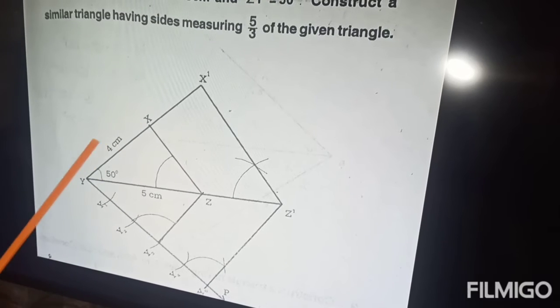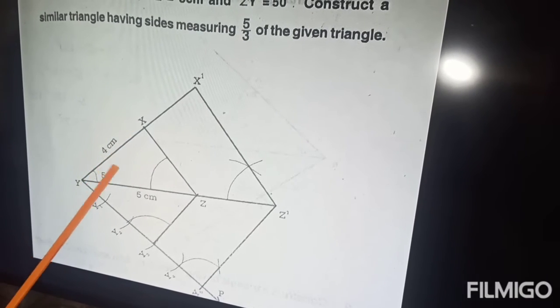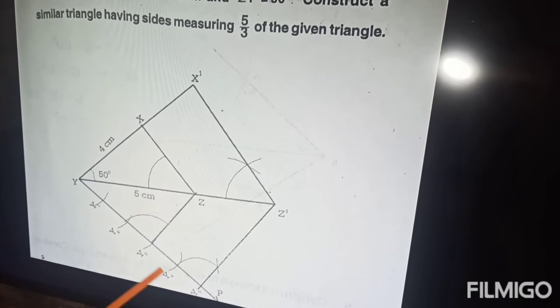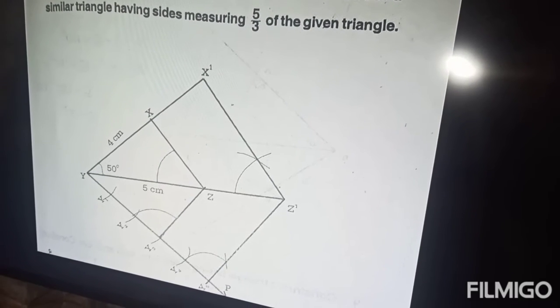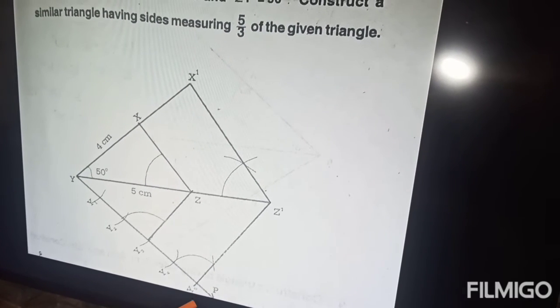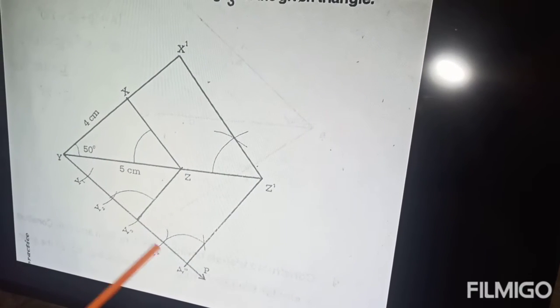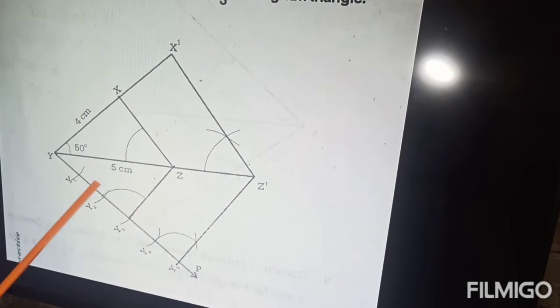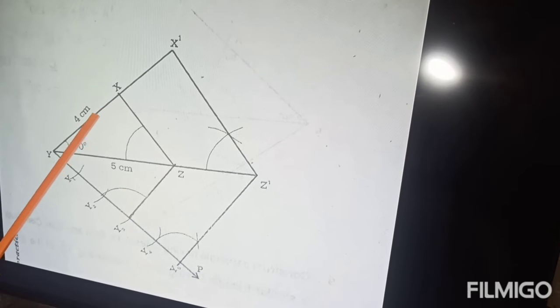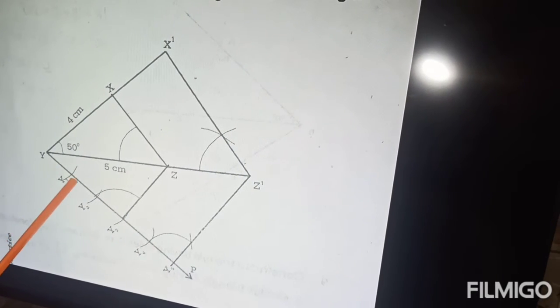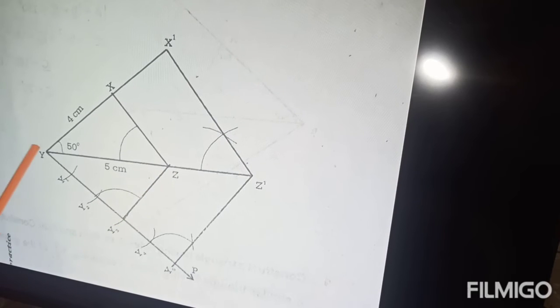Okay. After constructing the triangle, we have to draw one straight line YP, opposite to angle X. On that straight line YP, make an acute angle with YZ.